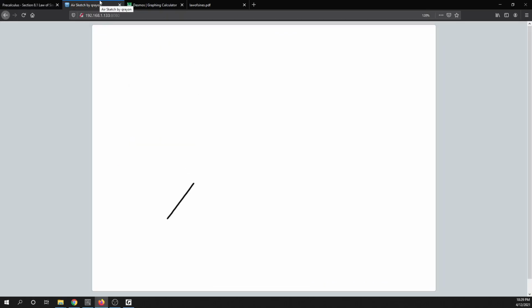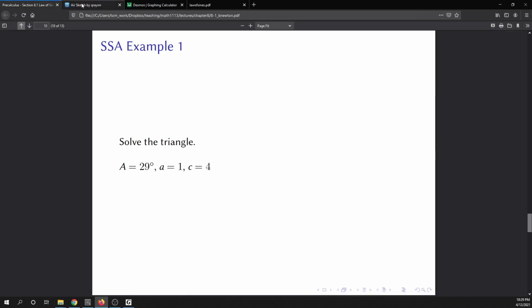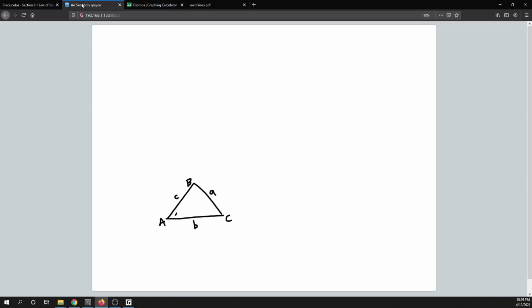So just draw the standard triangle that we've been drawing with angles A, B, and C, and then label the angles in the correct way with side a across from angle A, side b across from angle B, and side c across from angle C. And then we are given that angle A is 29 degrees.